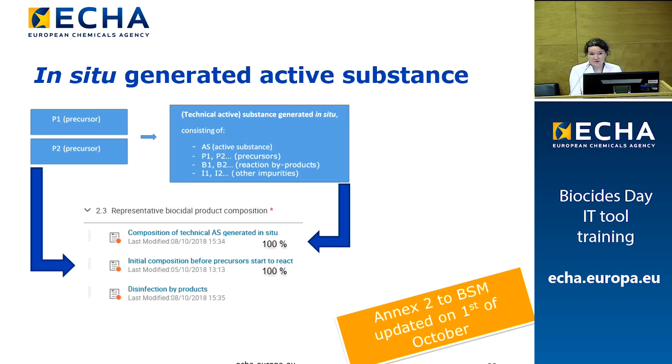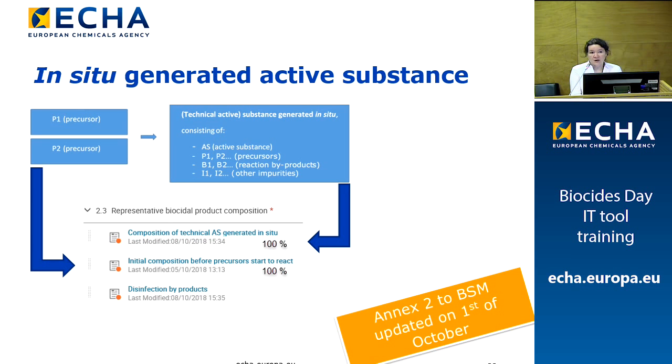First, in the first record, we report the composition of the technical active substance generated in situ, and those are data sets of the active substance, unreacted precursors, all reaction byproducts, and all other impurities, and this composition needs to give 100%. And then the second record is a composition of precursors.